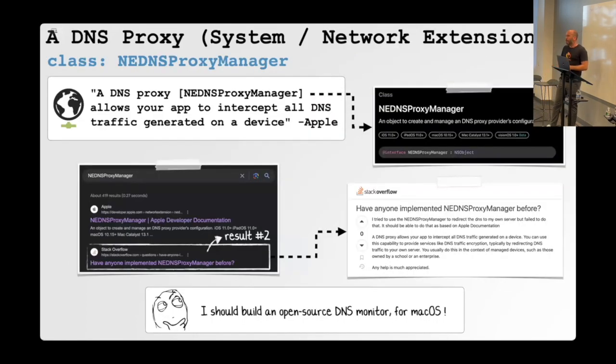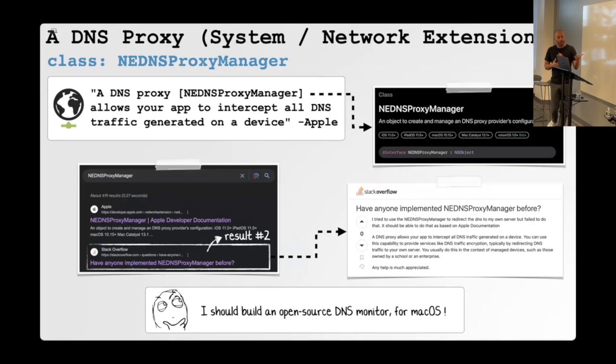So how do we create a DNS monitor? I looked at the Network Extension documentation, and I noticed there was this class called NEDNSProxyManager, and it says this allows your application to intercept all DNS traffic generated on a device. And I was like, perfect, this is exactly what I need. Now, I'm a little lazy. If someone else has already done this, I don't want to reinvent it.